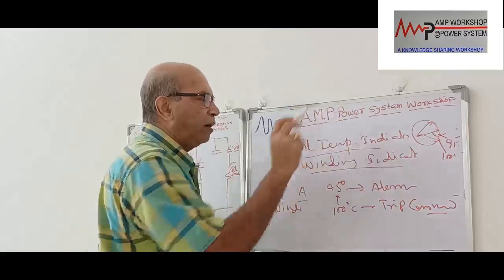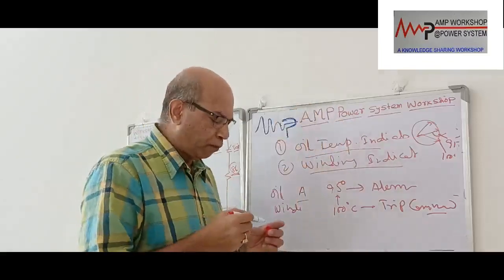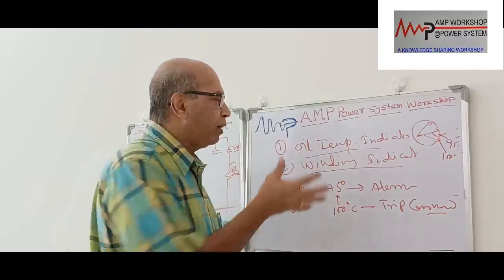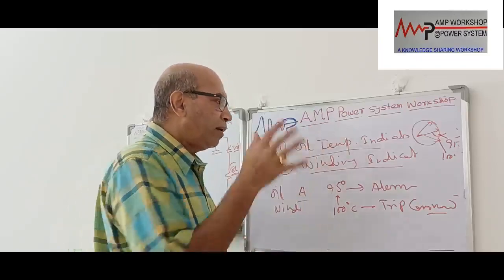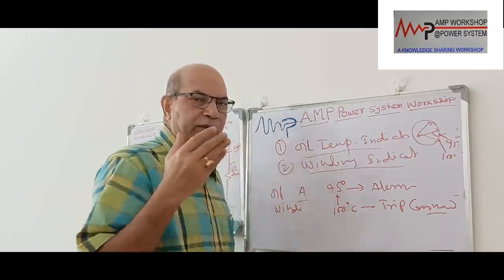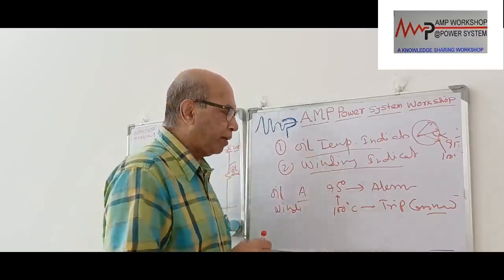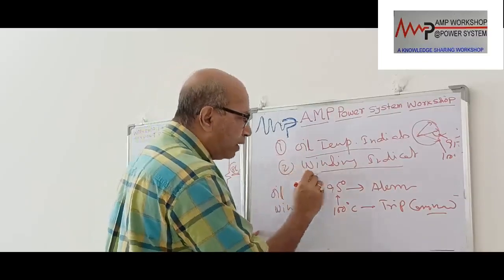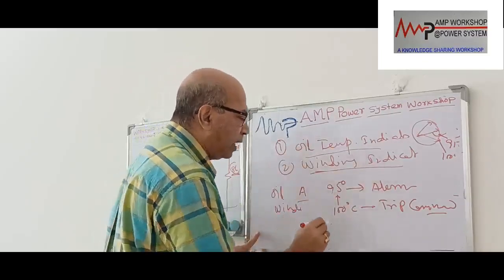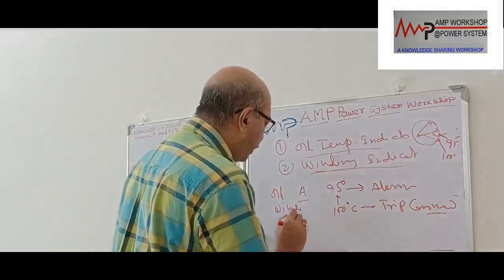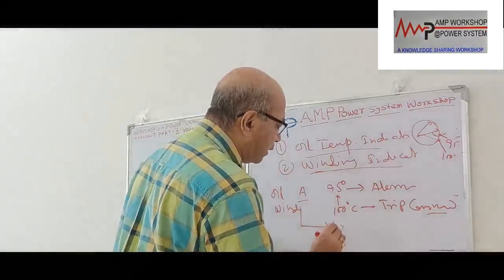So this way we can do the tripping circuit. In case of the oil temperature indicator, we are giving two levels of protection, so that we can protect the transformer from overloading. In parallel to this, the winding temperature indicator also monitors the temperature. But for the winding temperature indicator, we put a slightly higher setting. We put the alarm at 100 degree centigrade.